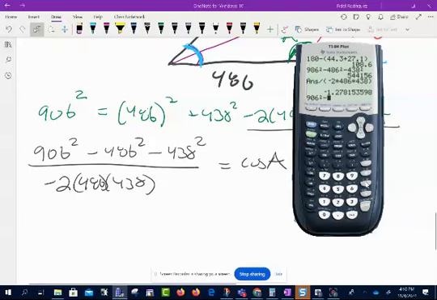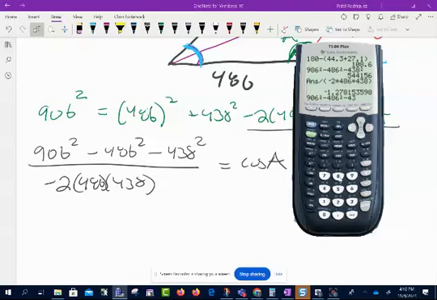906 squared minus 486 squared minus 438 squared. Okay, equals, there we go. Divide that by a negative 2 times 438 and 486.